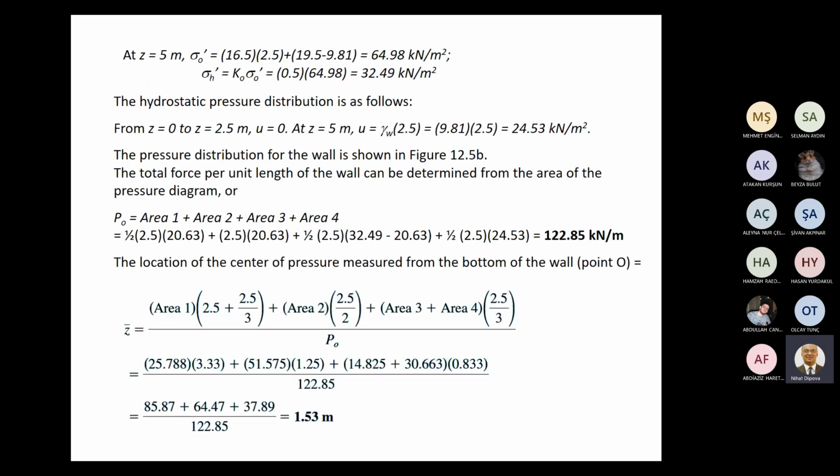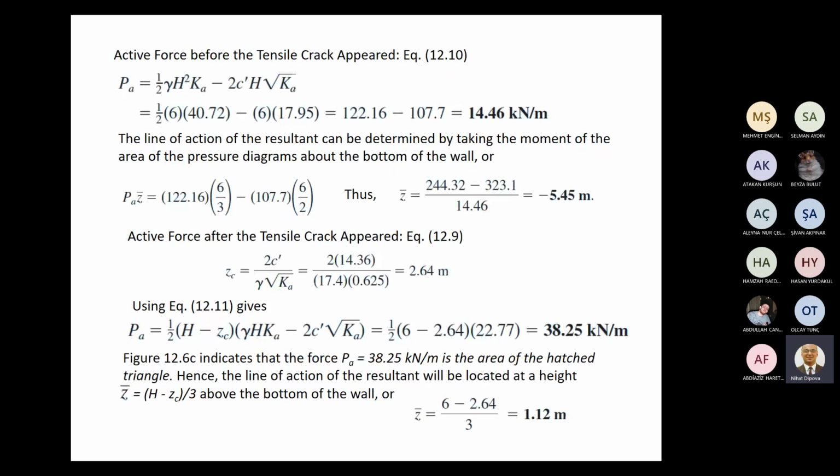And we can calculate this depth. Because the stress is 0, that will be equal to 2C over gamma square root of Ka, and the value can be calculated as 2.64.